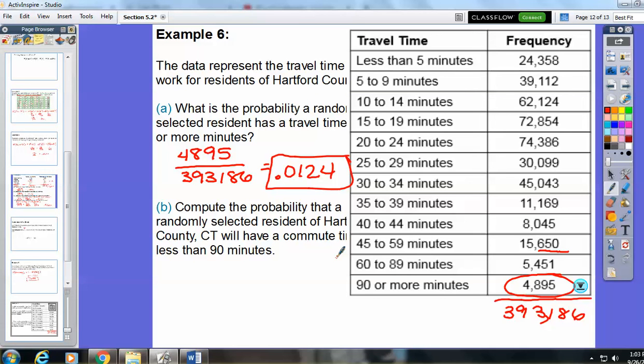Okay, so part B. Compute the probability that a randomly selected resident will have a commute time less than 90 minutes. Okay, we just found the probability that they had more. So less than 90, I could go through and add up the less than 5, the 5 to 9, 10 to 14, 15 to 19, and add up all those. Or I could realize if this is 90 or more, wouldn't less than 90 be the complement of it?